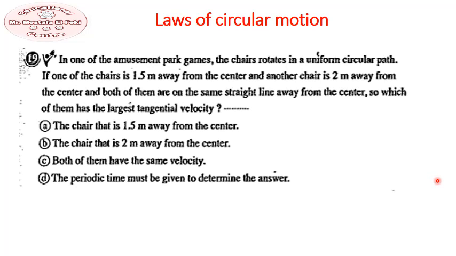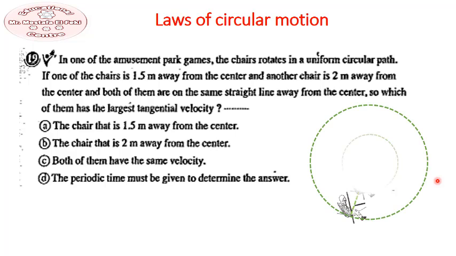In one of the amusement park games, the chairs rotate in a uniform circular path. If one of the chairs is 1.5 meters away from the center and another chair is 2 meters away from the center, and both of them are on the same straight line away from the center, then which of them has the largest tangential velocity? Let's see. These are the two chairs.